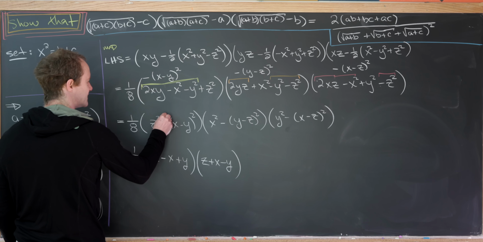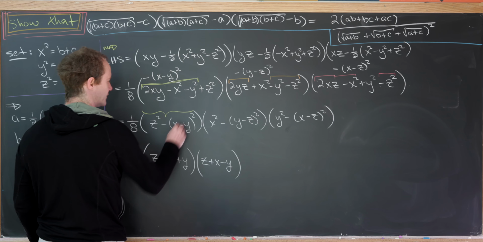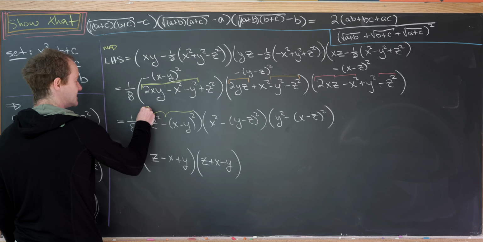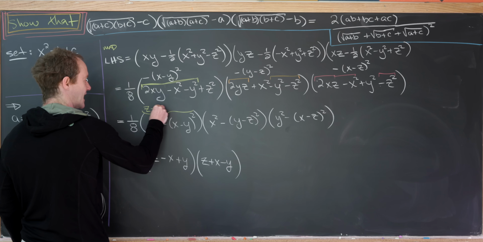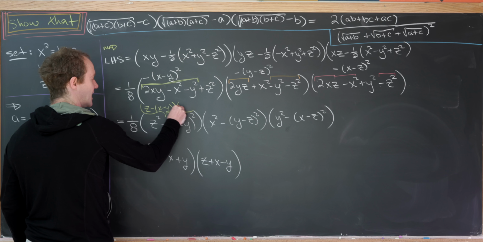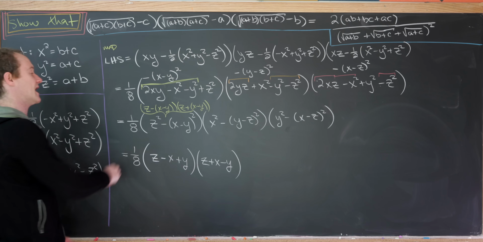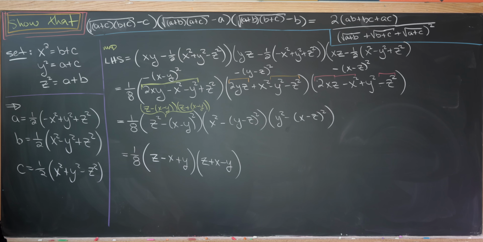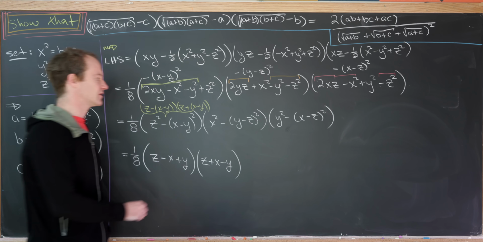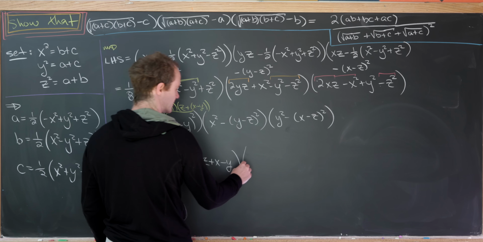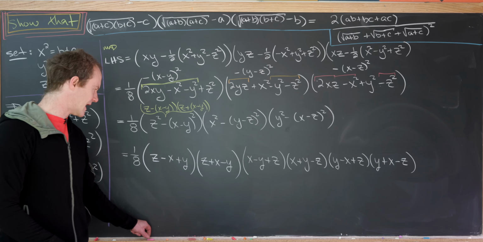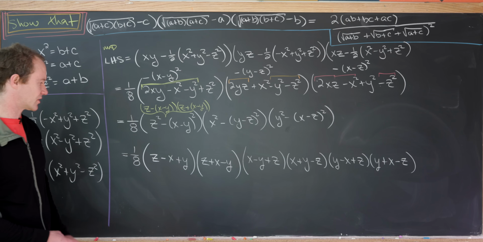Let's maybe spread that out here just so that we can see what happened. This is z minus (x minus y) times z plus (x minus y). I just went ahead and distributed that minus sign. And then we'll have similar things for the rest of these, so let's get those on the board. Okay, there we have it. But now let's notice we've got some like terms.